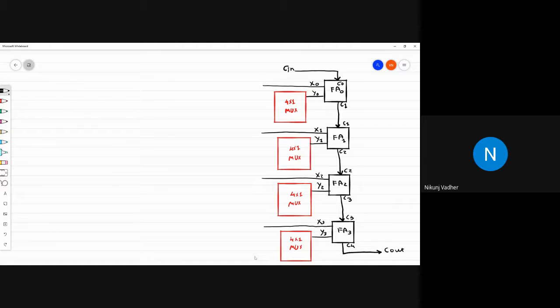And from each full adder, we will have the addition bit: digit 0, digit 1, digit 2, digit 3. Now let me put labels over here.